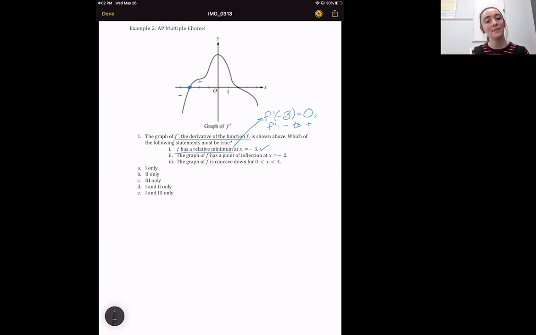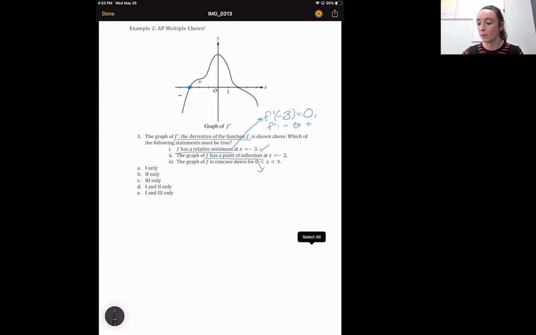Awesome. So let's take a look at statement number 2, which says the graph of f has a point of inflection at x equals -2. Well, what would it mean for the graph of f to have a point of inflection? Well, we would have to have a horizontal tangent at that point, right?